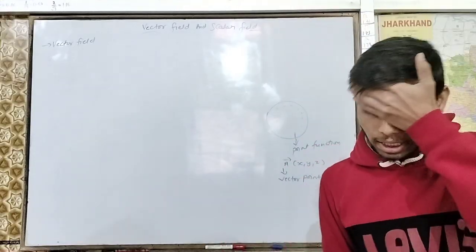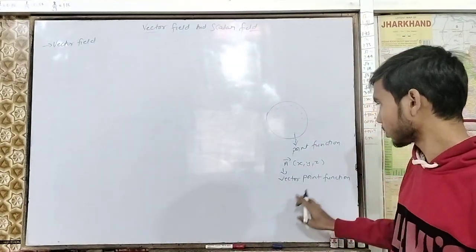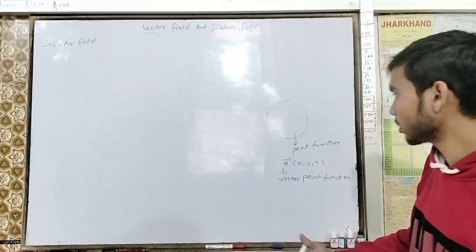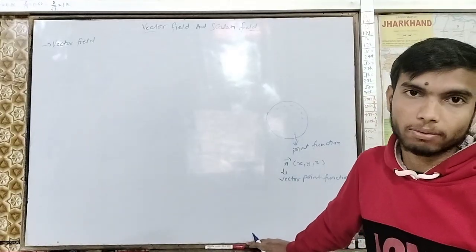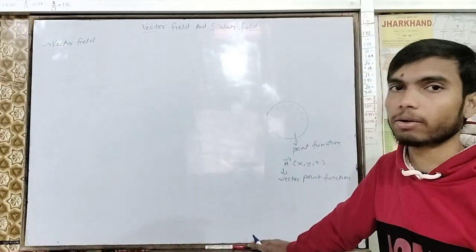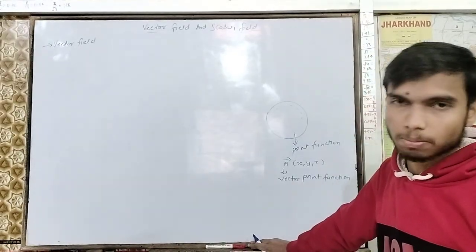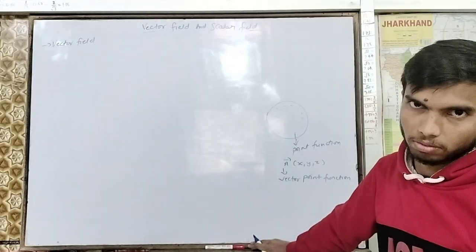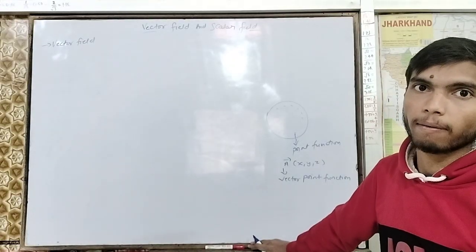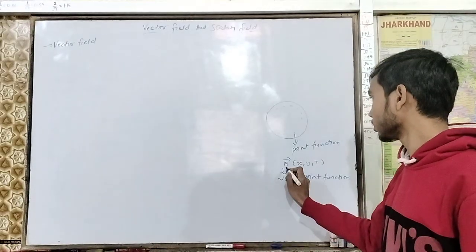Try to understand. It will perform as a function. This is a point. According to this point, we are talking about a vector, and this is present in a space which is nothing but a vector field.